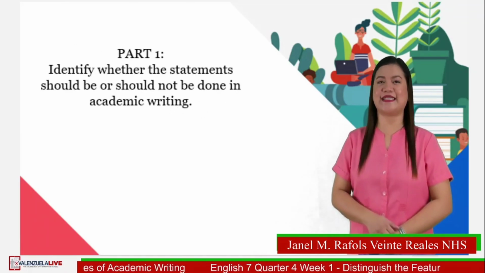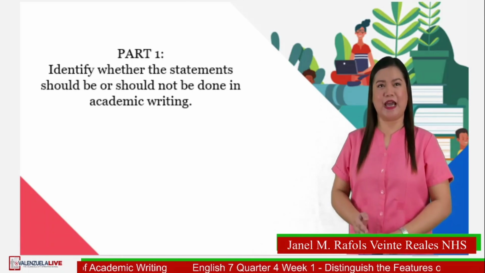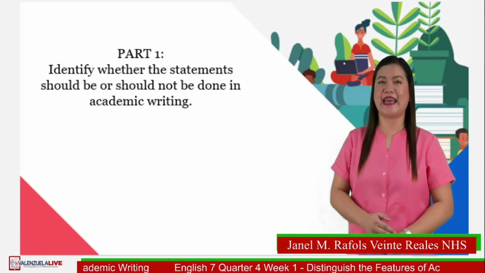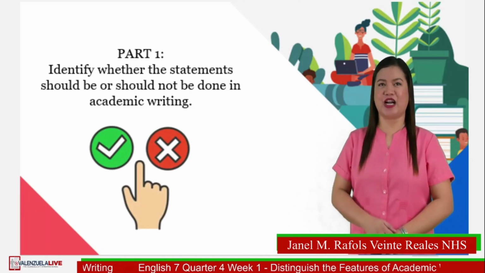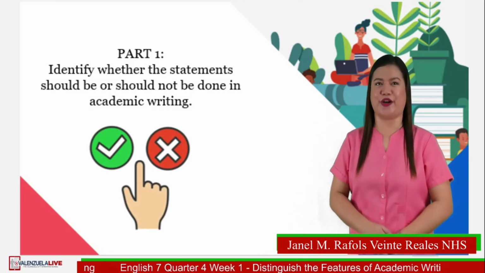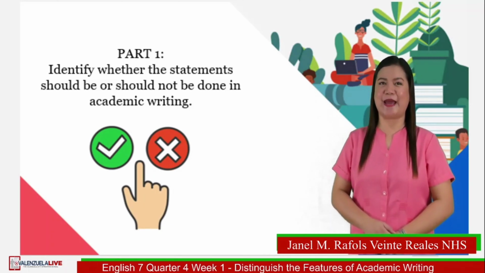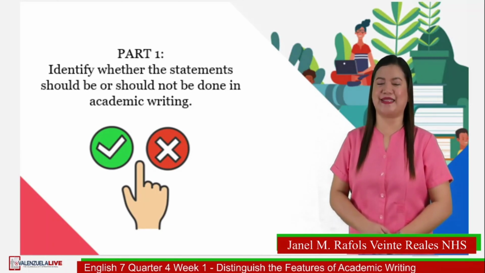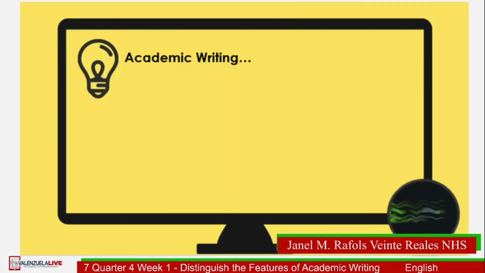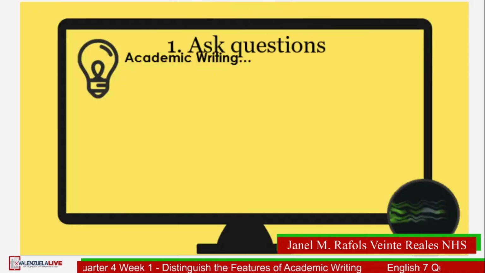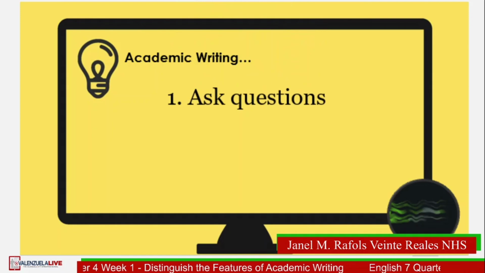Identify whether the statements should or should not be done in academic writing. Just draw a check or a cross on your paper. You may also type your answer in our comment section. Number 1, ask questions.